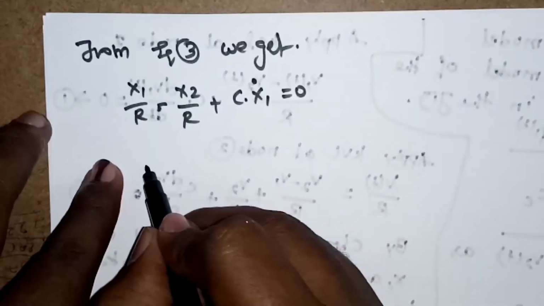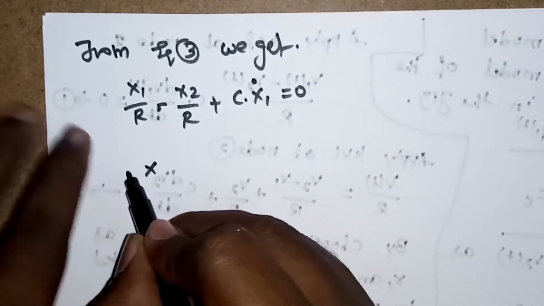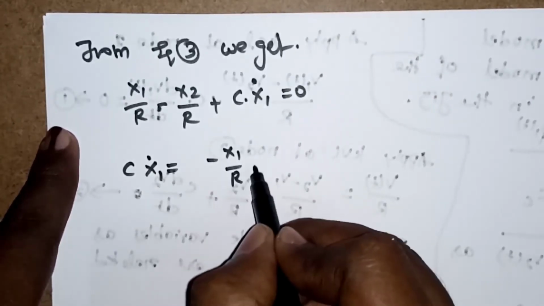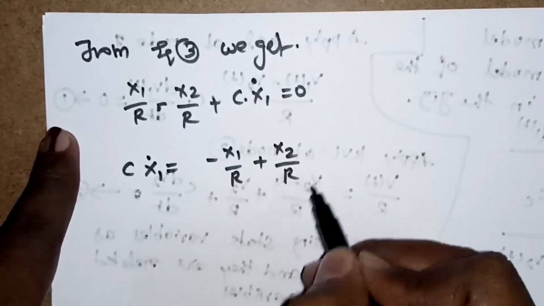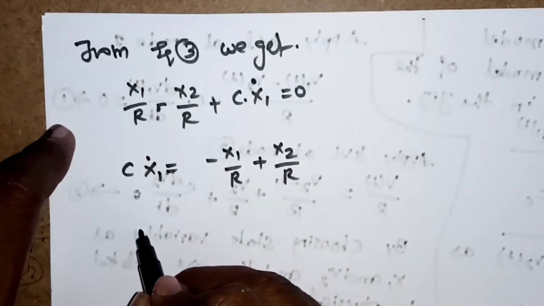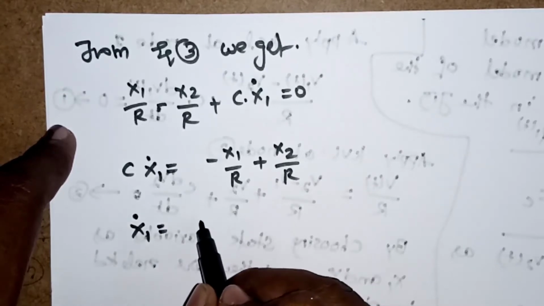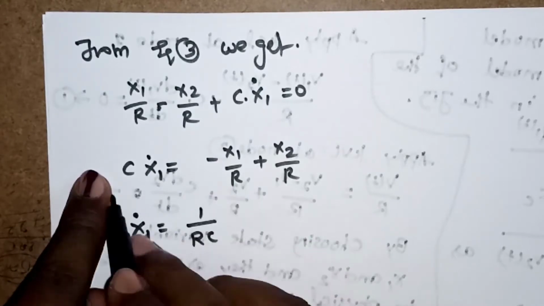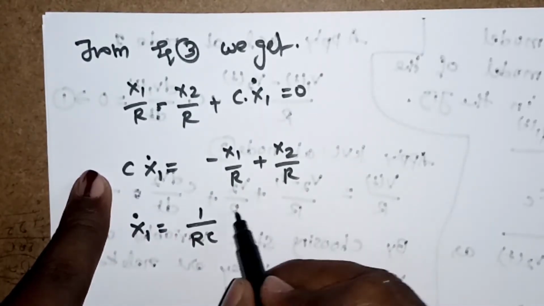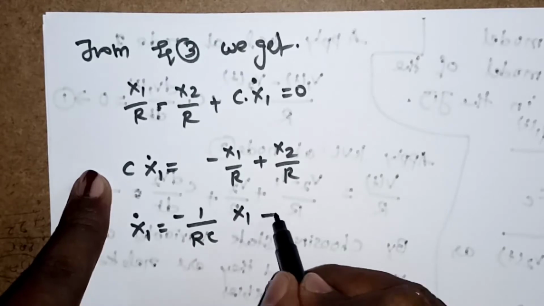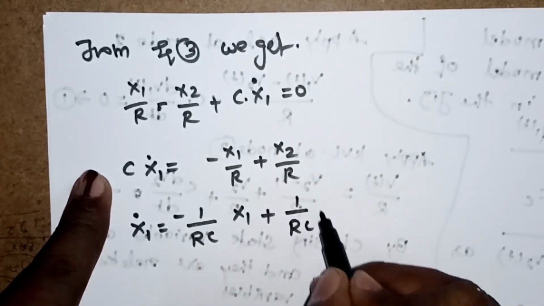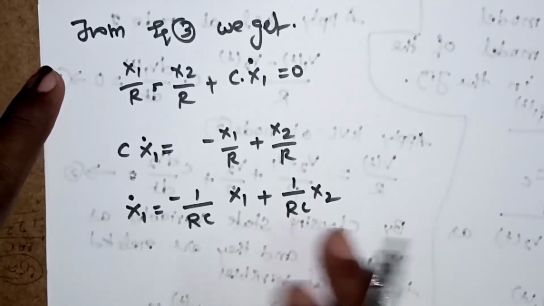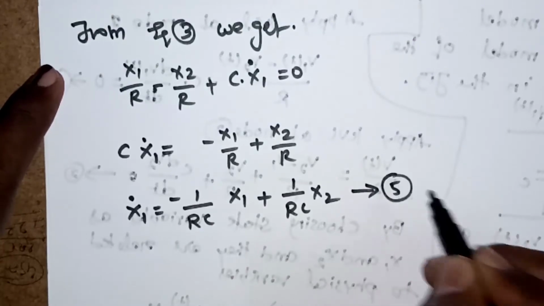So C into x1 dot is equals to minus x1 by R plus x2 by R. Now x1 dot is equals to 1 by RC, this C comes to this side. From LHS to RHS, C is multiplied here and here it is going to be divided. Minus 1 by RC into x1 plus 1 by RC into x2. So now we get the x1 dot equation. Let it be equation number 5.